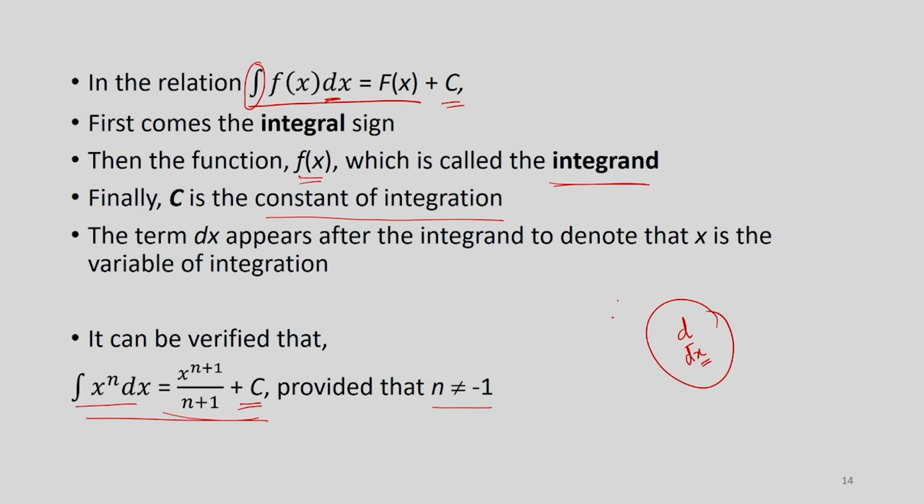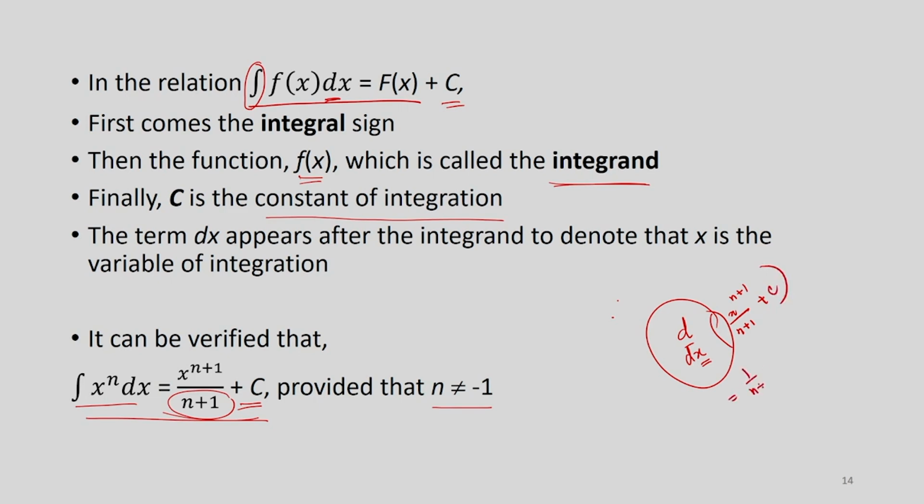Because if n is equal to minus 1, then the denominator becomes 0 and this term becomes undefined. So, we have to be careful that n should not be equal to minus 1. It can be verified easily if you take the derivative of x to the power n plus 1 divided by n plus 1 plus c.